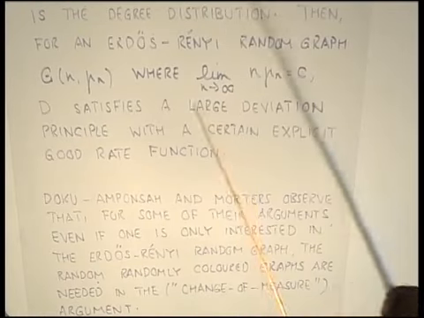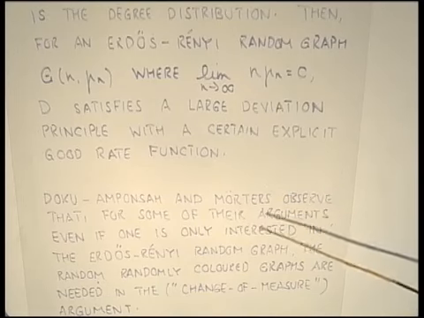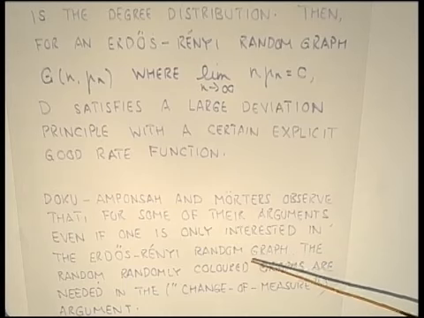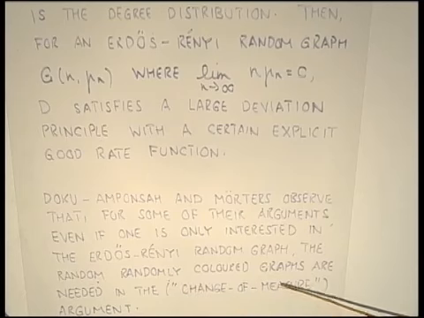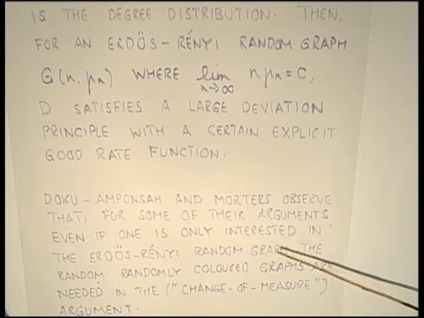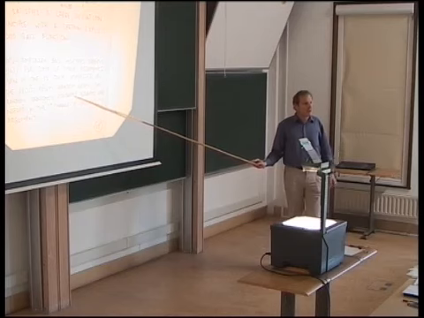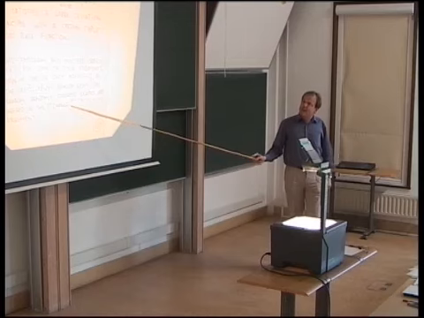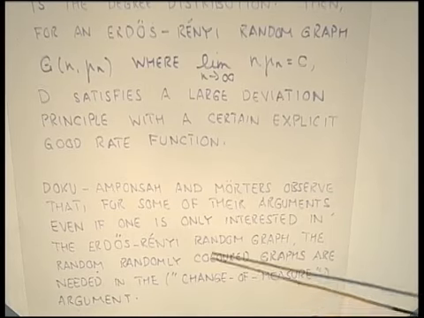In order to get their arguments to work, these two have to use not just the Erdős-Rényi random graph, but these randomly coloured graphs as well. There is a standard technique in this area called change of measure for these large deviations, which people use. And in order to get the change of measure argument to work, they really do have to use random graphs with a colouring, as opposed to just Erdős-Rényi random graphs.